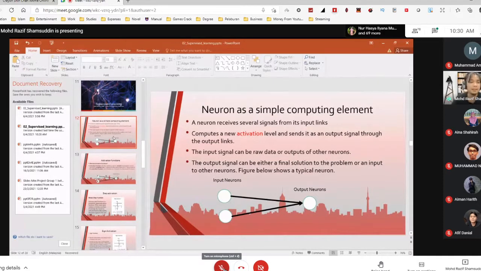With that being said, these are the neurons, the input neuron and the output neuron. So the input neuron receives values, right? And then the connection between the input and output neuron is called weights, right? So these weights are also variables that contain value.